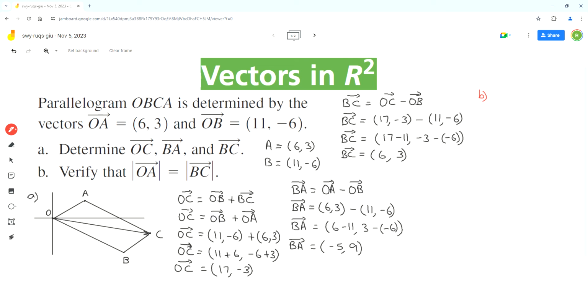In part B, we have to verify that the magnitude of vector OA is equal to the magnitude of vector BC. Let's start with the magnitude of vector OA. Vector OA is given as (6, 3). We'll square the components, add them and put the sum under the square root.